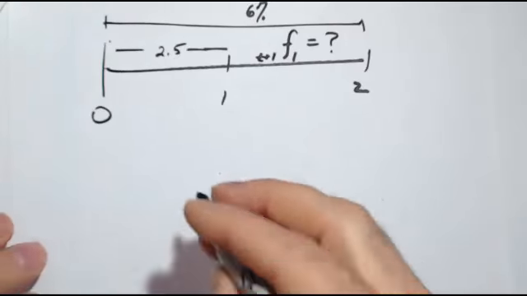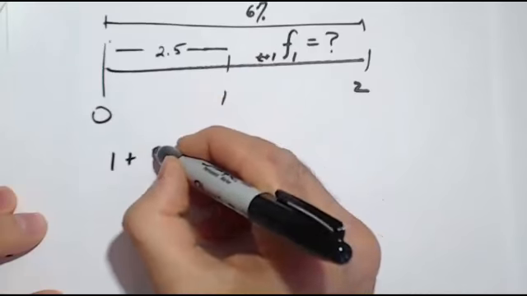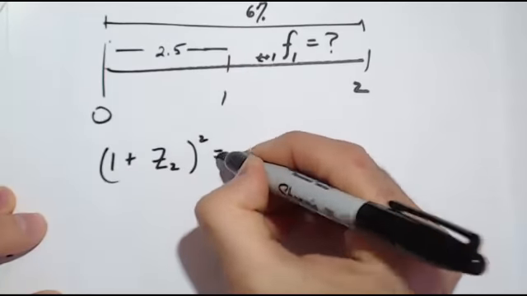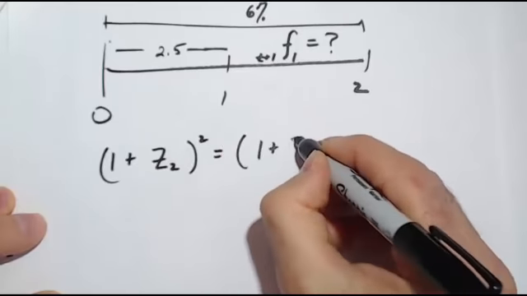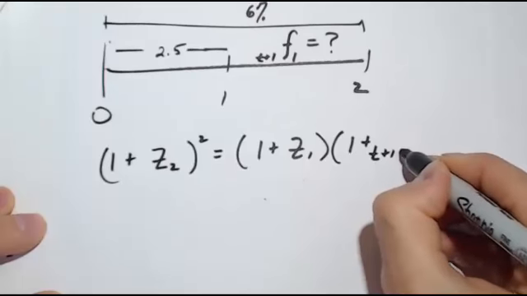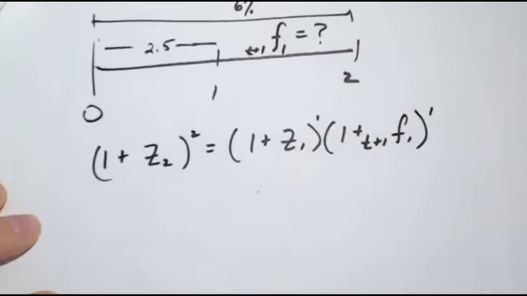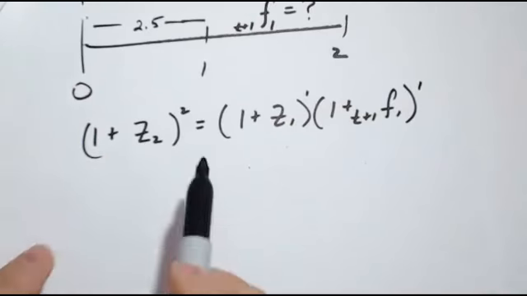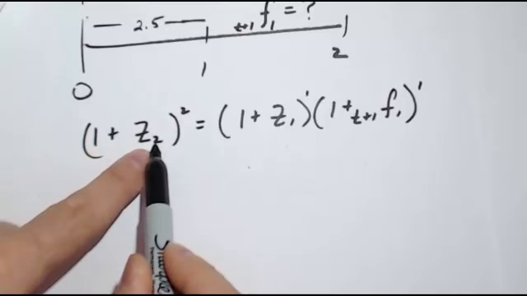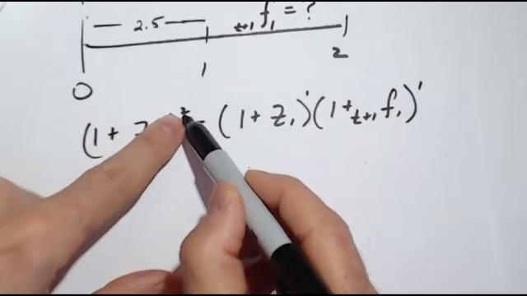Now, the formula in general for a 2-period situation is this. So let me read this formula off. This is 1 plus the spot rate for 2 years, compounded for a 2-year period.